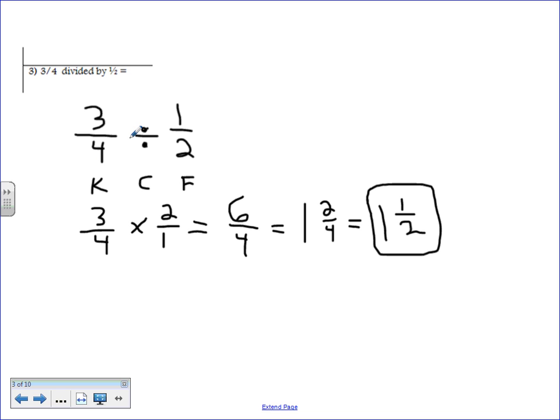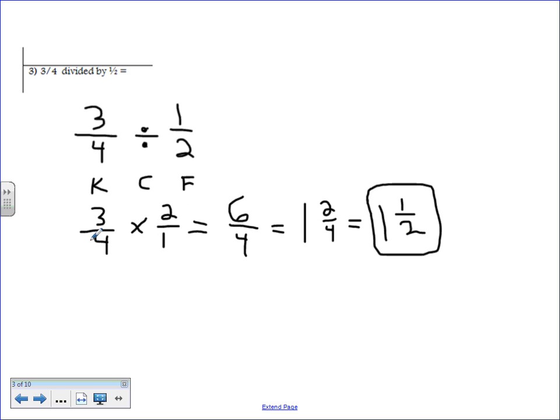All right. Number 3, division. Still easier than adding, subtracting. Remember the shortcut, keep, change, flip. Keep the first fraction, change division to multiplication, flip the second fraction or find the reciprocal, and then you just multiply, right?